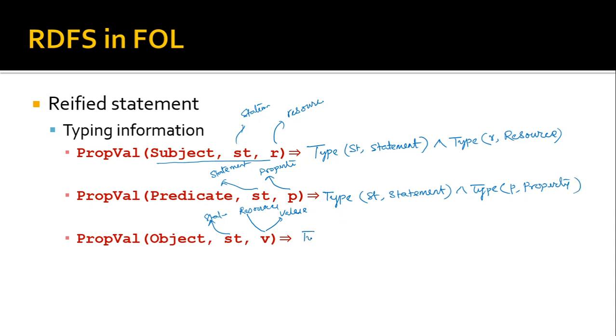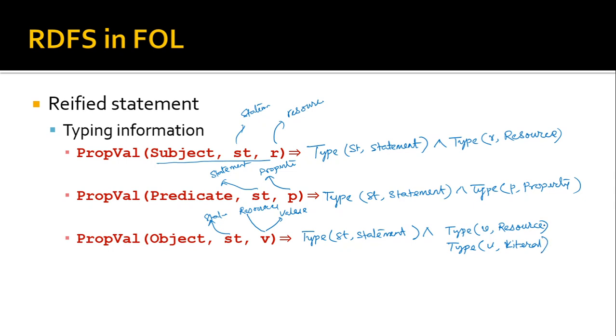Here we can say that the type of ST is statement and type of say V is a resource or type of V is say literal, because they can be values also, right?